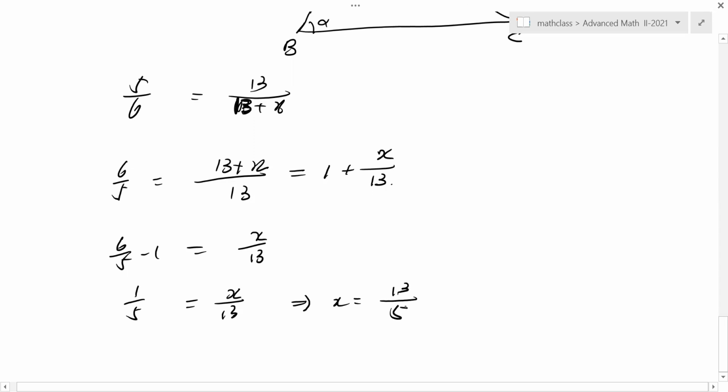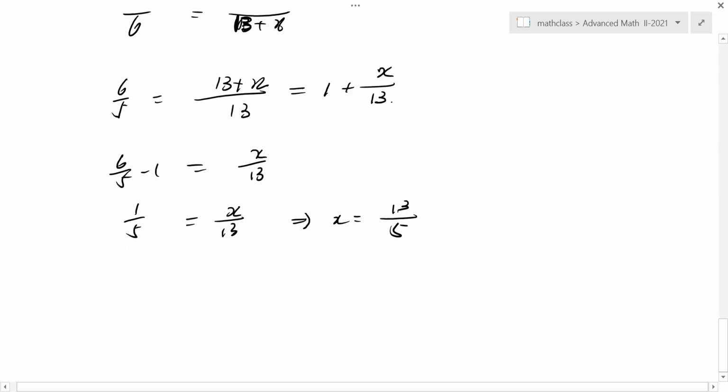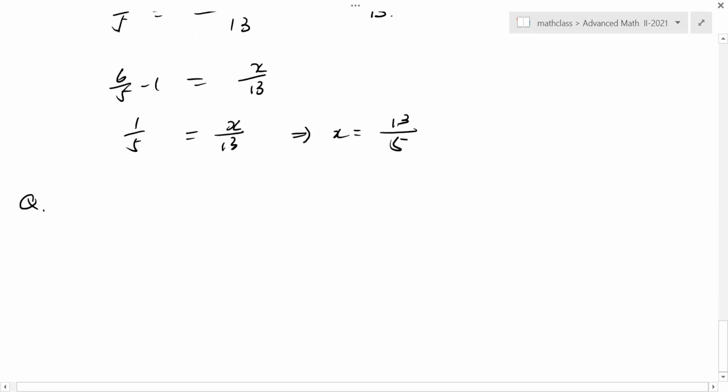So this is not going to be an integer. That's how we use the similarity of two triangles to determine one side.